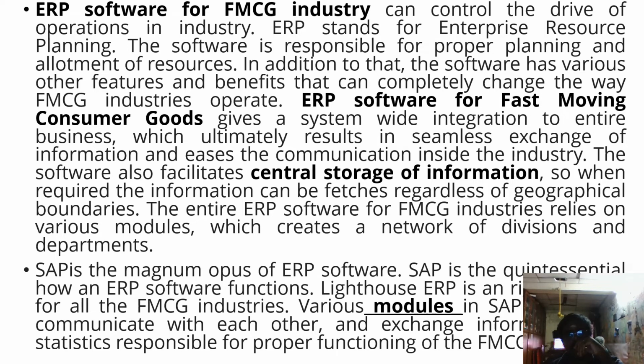So how does ERP or SAP software function? I can say SAP is a rigid solution for all FMCG industries. In SAP we have various modules, which communicate and integrate seamlessly with each other and exchange the information and statistics responsible for the functioning of the FMCG industry.